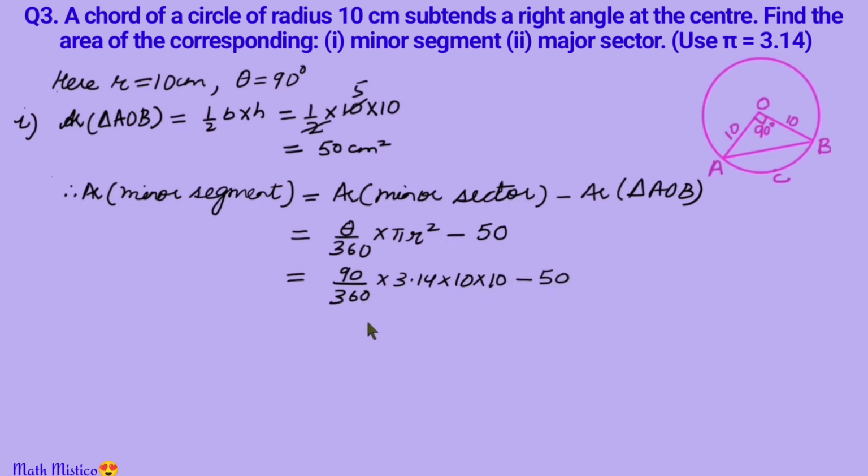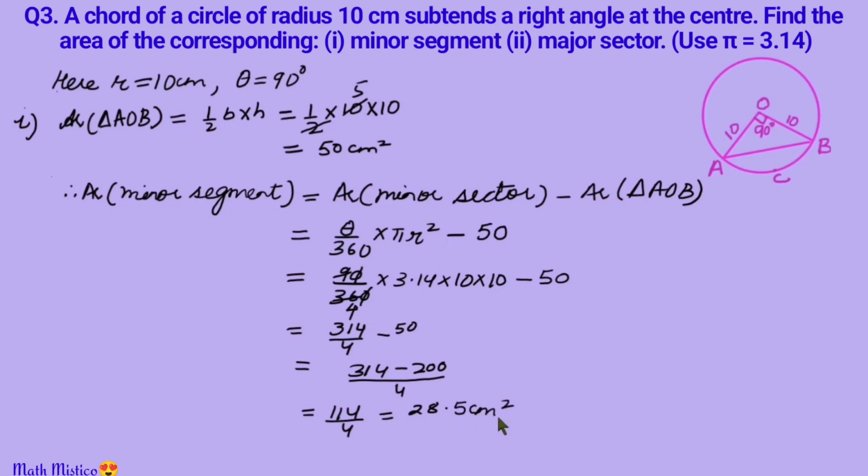Just to remind you here, as there are many calculations, we must follow the BODMAS rule of arithmetic. So cancelling and multiplying, we get 314 upon 4 minus 50. Taking the LCM and simplifying further, the final answer is 28.5 centimeters square.